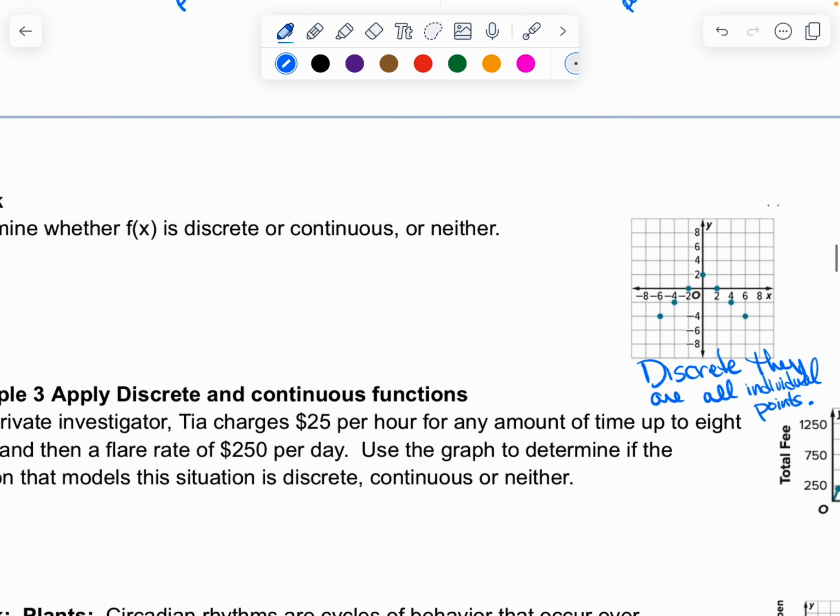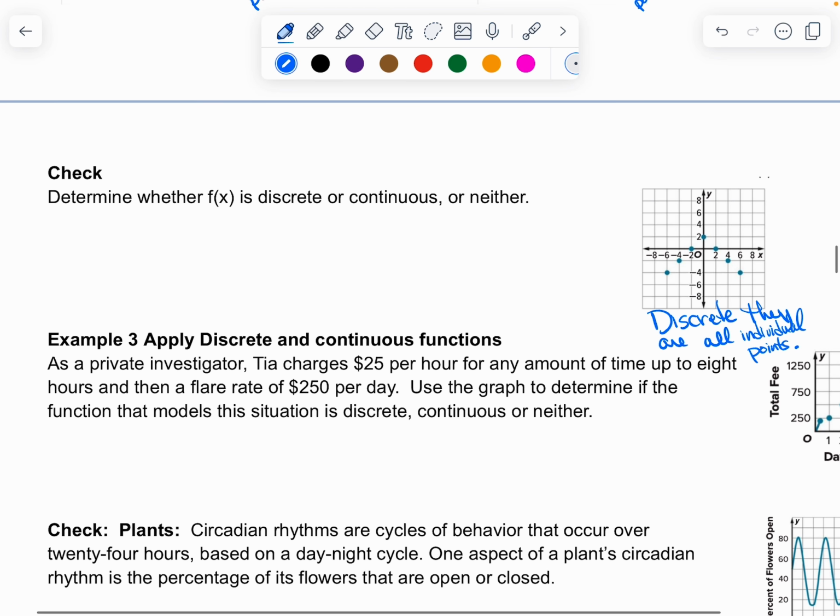It says, as a private investigator, Tia charges $25 per hour for any amount of time up to 8 hours, and then a flat rate of $250 per day. Okay?